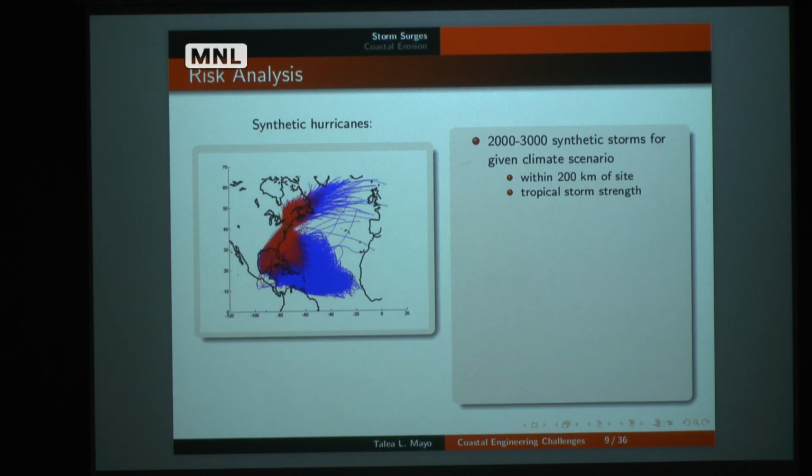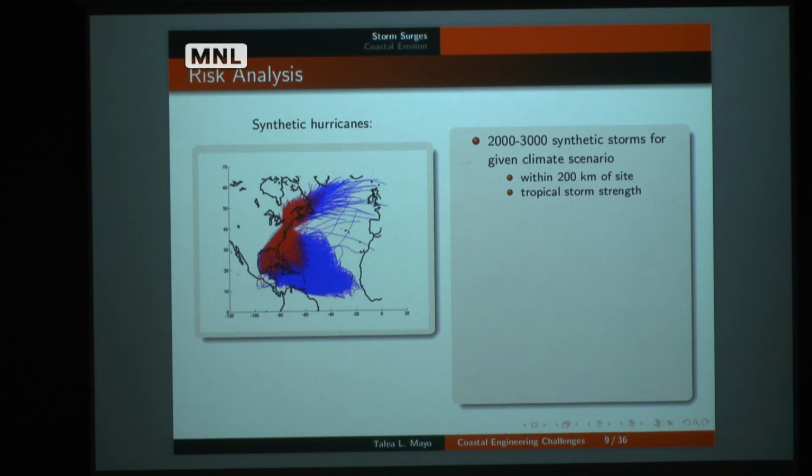If you have a climate model, you can downscale climate model data to develop what representative hurricanes look like for that climate. It's not my work, it's meteorologists' work. And then with that, we force our storm surge model, and then I can get the amount of hurricane storm surge data that I need for the distributions.